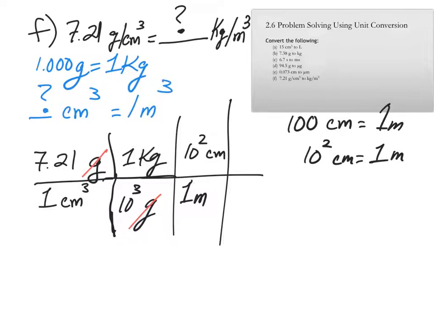Now the problem is when you're dividing, you've got centimeters there, and you've got centimeters cubed here. So really, that becomes a 2, and you have to repeat the process. So 10 squared centimeters per 1 meter.